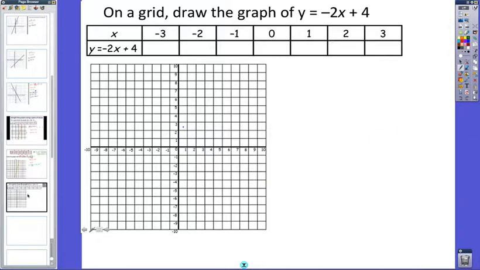Now, with this question here, I've got a minus 2x here, so be careful with your times by minus. If your x is a 3, you've got minus 2 times 3, which is minus 6. Then you have to add 4.